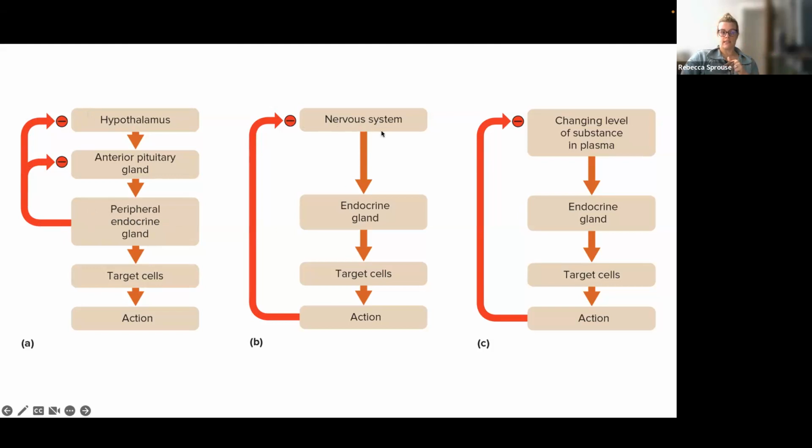For the nervous system, the negative feedback comes from the action. So let's just say epinephrine, right? Let's say that the nervous system is stimulated in terms of, I don't know, fear. Okay. So fear, those messages are going to go down the nervous system to the adrenal medulla.